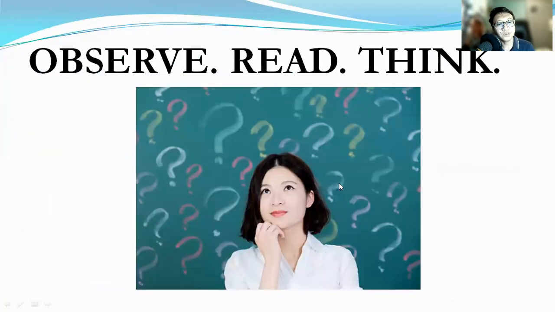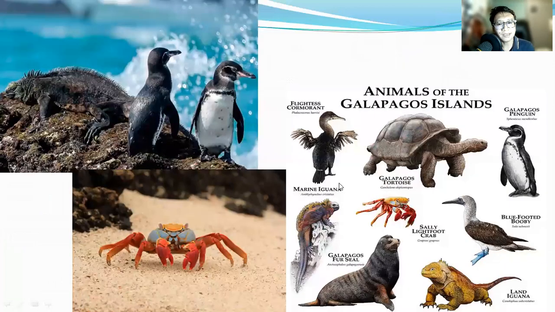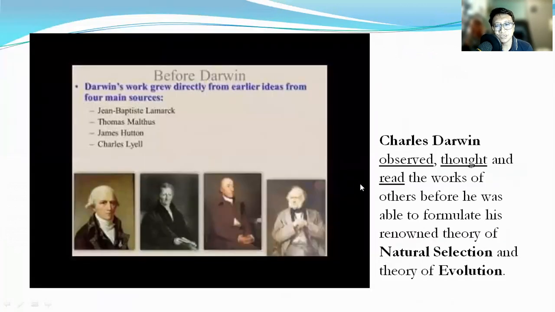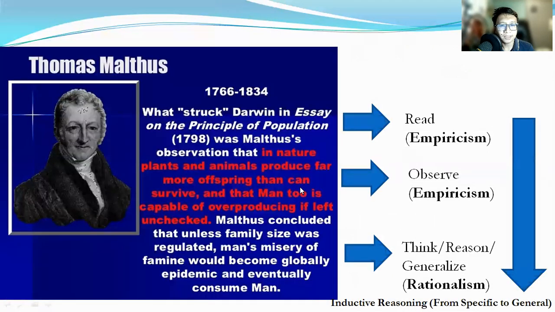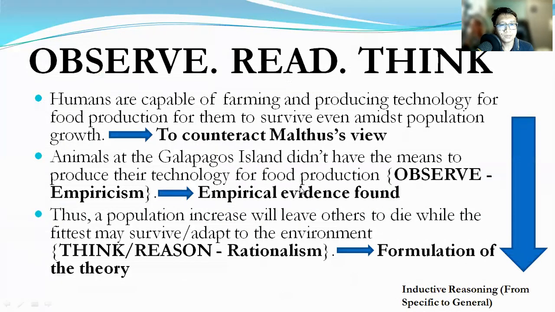I also told you to observe, read, and think, especially if you are conducting qualitative research, like what Charles Darwin did, but he anchored his theory on Thomas Malthus' idea.